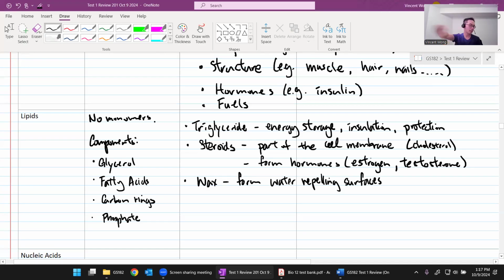And I'm missing one lipid here. Does anybody know what I am missing? Tell me. I want to know. What am I missing? That's right, phospholipids.